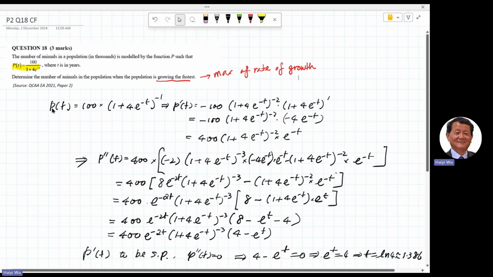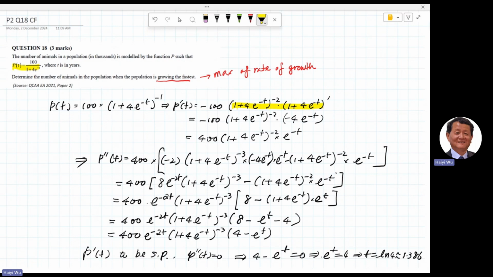First, I'm going to put the denominator of P(t) to the power of negative 1. Then we differentiate P(t). We bring the negative 1 to the front, becoming negative 2, then differentiate the bracket. That's a composite, so this is the chain rule.